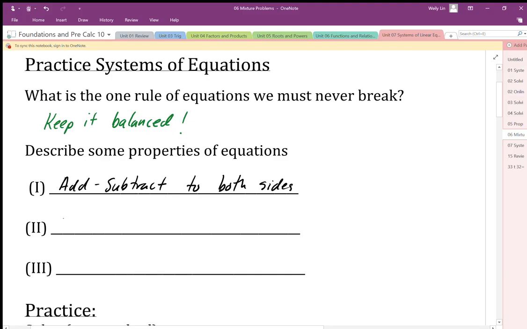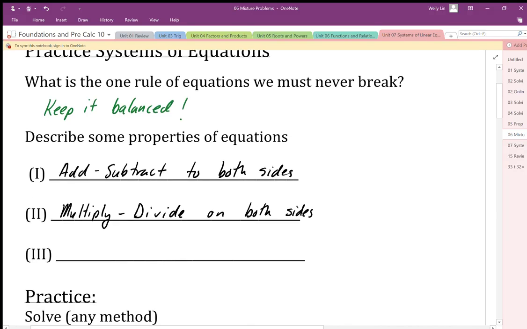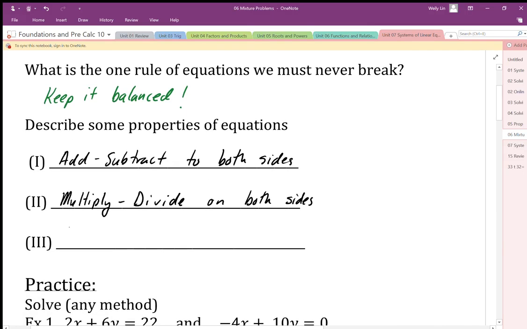I can multiply and divide on both sides, and that will keep it balanced. And we can also do like for like replacement, or substitution.